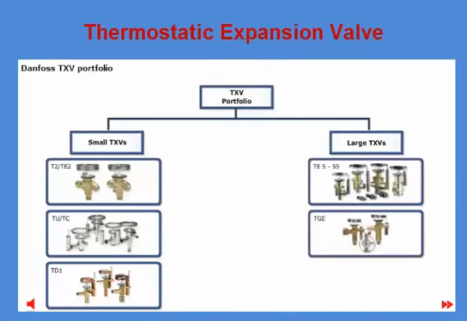The large TXV valves that are used for refrigeration units with a power rating above 26.5 kilowatts consist of TE5 to 55 and TGE valves. In addition to this, two large TXVs, PHT and TRE80, are available, although both are scheduled to be discontinued in 1 or 2 years' time.